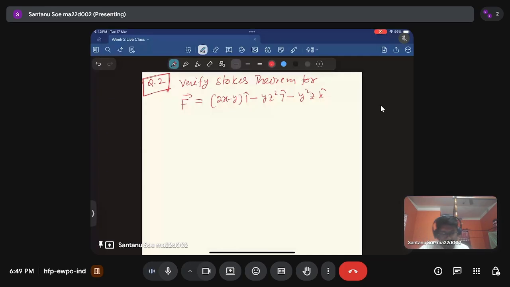So now our F was given like this: 2x minus y into i cap, minus yz squared j cap, minus y squared z k cap, and x squared plus y squared was 1.